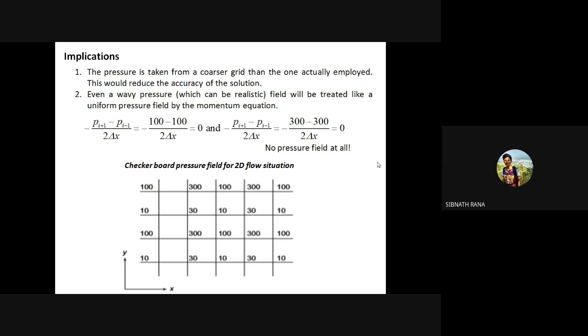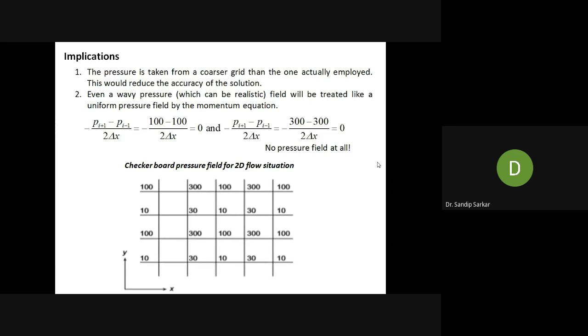Okay, so that means you may obtain an infinite number of solutions with the checkerboard pressure field distribution. Whether you are adding it or not adding it does not matter to the numerical solution.